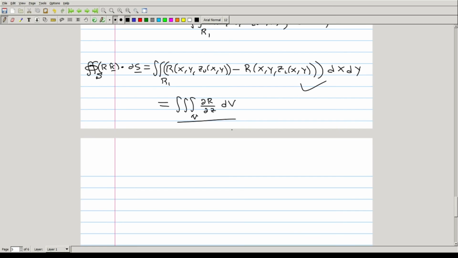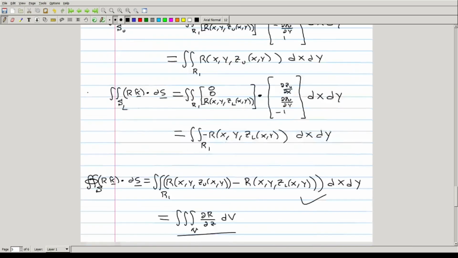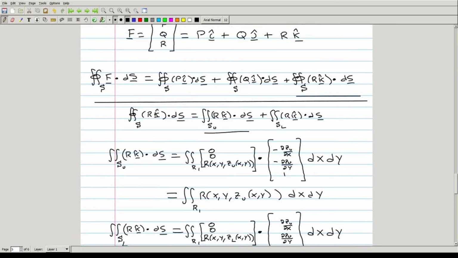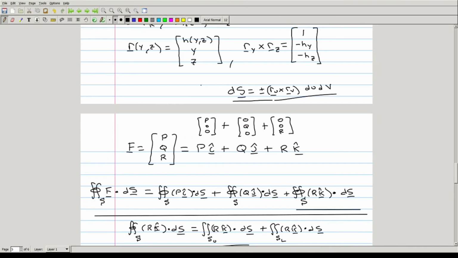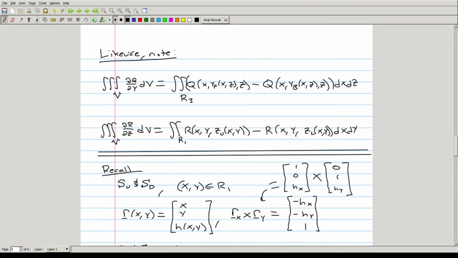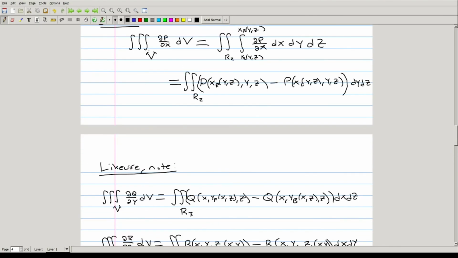And likewise, we can go through and show the exact same result for Q j hat and for P i hat, which connects this expression right here and this expression right here.